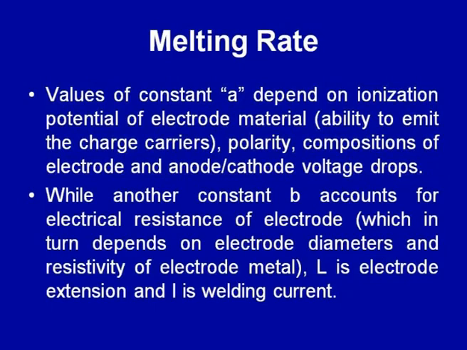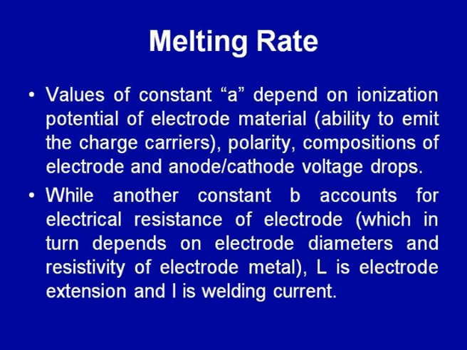So, the values of these two coefficients A and B take care of different aspects. A depends upon the ionization potential of the material, that is the ability of the material to emit or produce charge carriers, and the polarity being used, the composition of the electrode, and the cathode and anode voltage drops which are taking place.